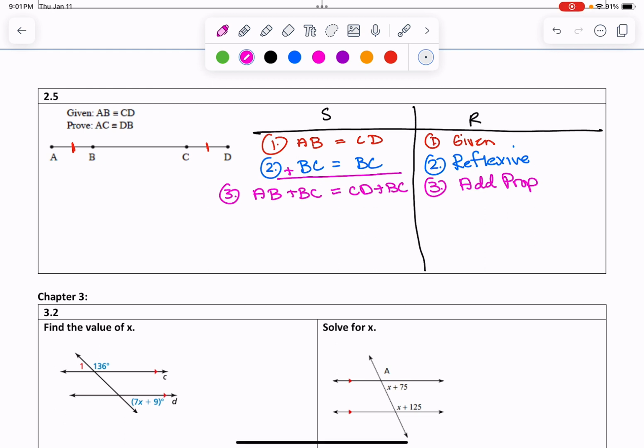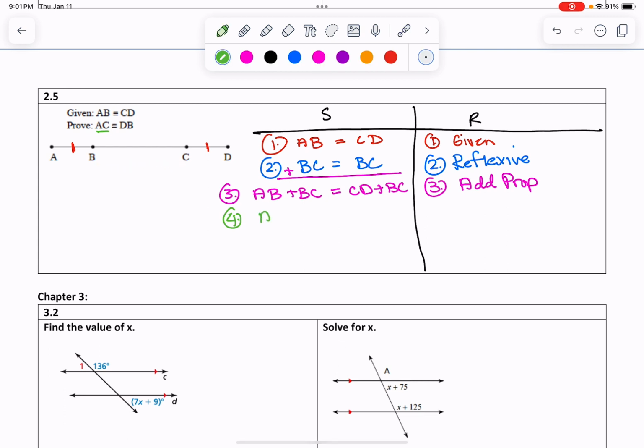Well, that's great that I'm saying things about the parts being equal to each other, but I haven't said anything yet about AC or DB. I've got to bring those into the problem. And that's our good old segment addition postulate. So in step number 4, I'm going to go ahead and say that AC is made up of his two parts, AB and BC.